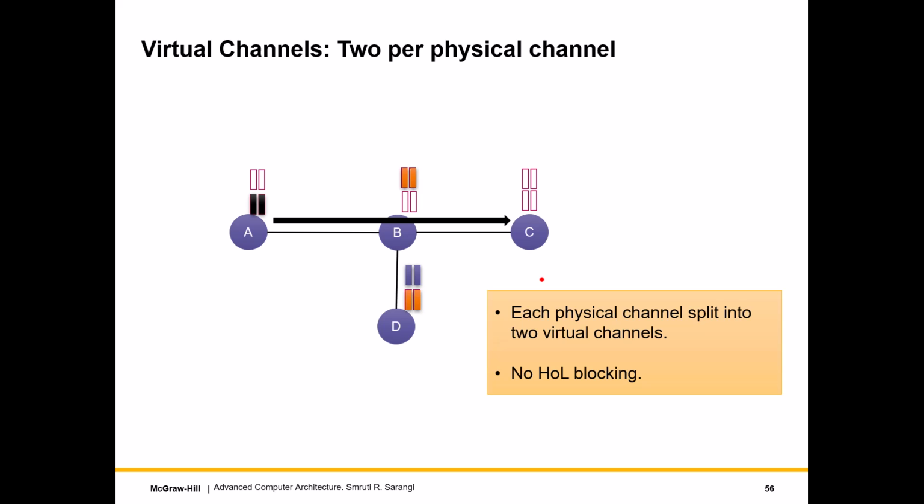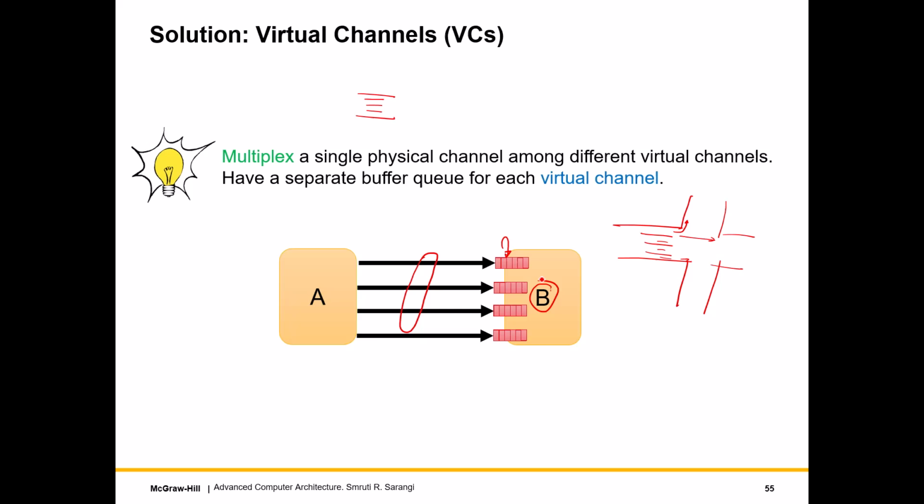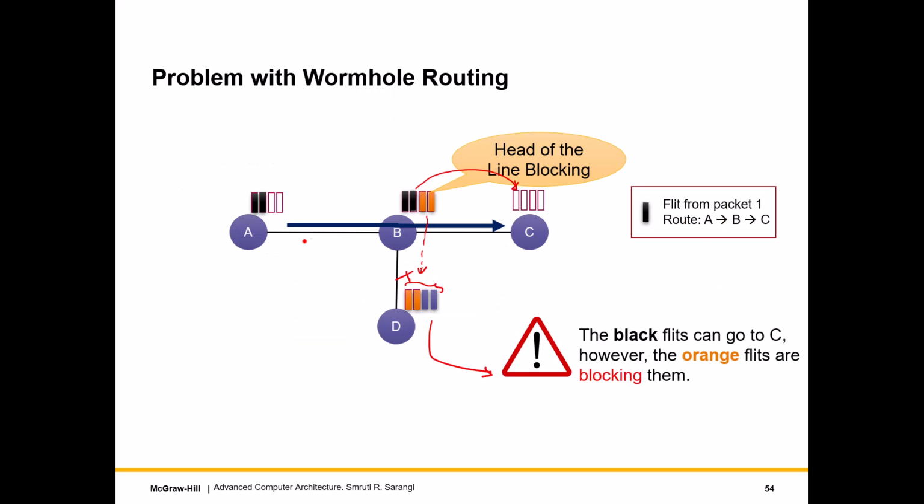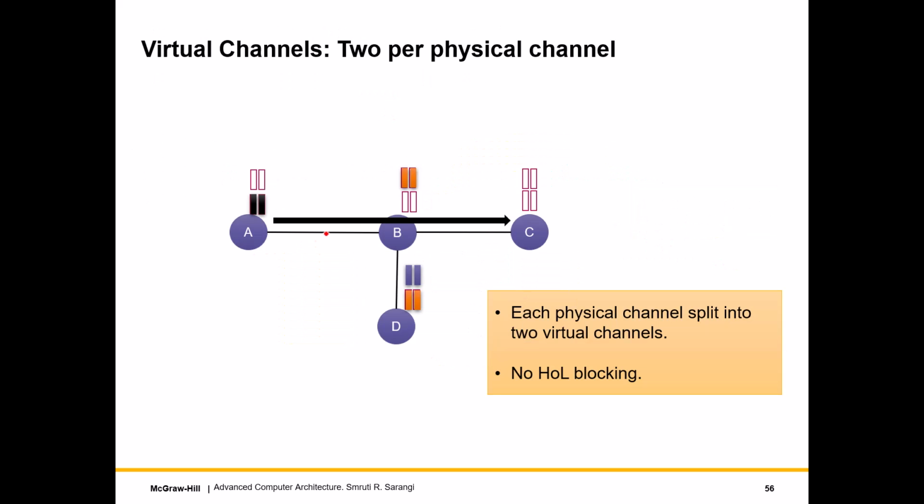If I were to have virtual channels, which is akin to having multiple queues on each router, and we consider the same example over here, which was troubling us, with 2 queues, we will find that the orange flits are still blocked because they can't move. They are supposed to go here and they are stuck.